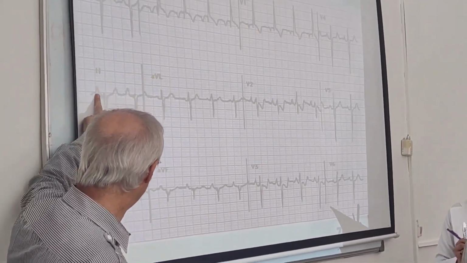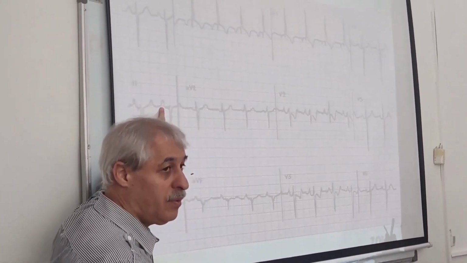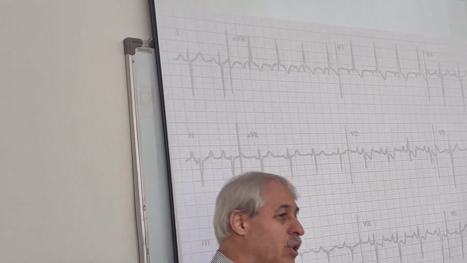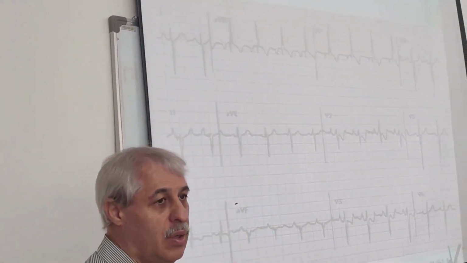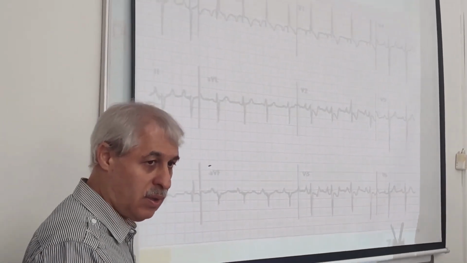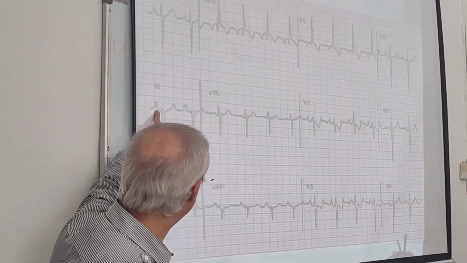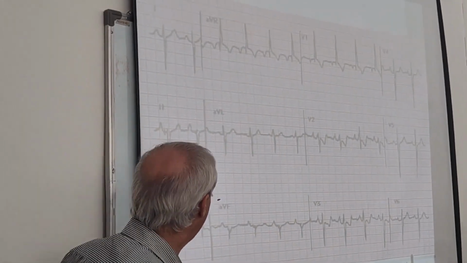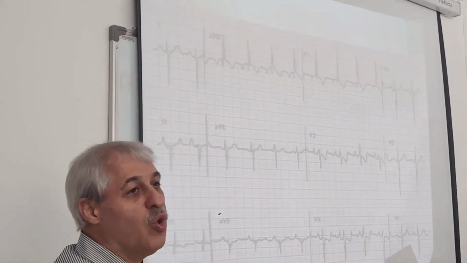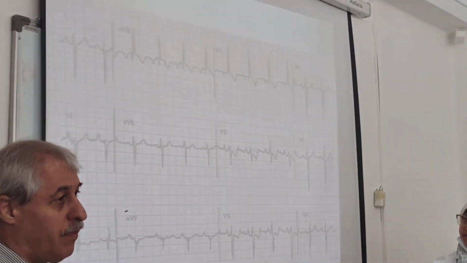Before each QRS complex, you have a P wave. The gap between subsequent QRS complexes is equal. The heart rate is between 60 up to 100; here it is 100. P should be positive in lead 2 and negative in AVR. So the rhythm is normal. This is normal sinus rhythm.